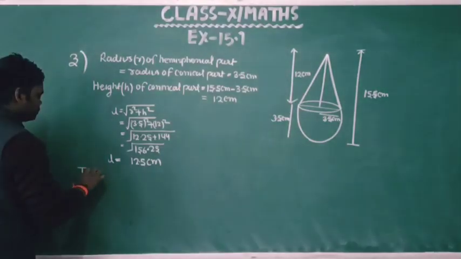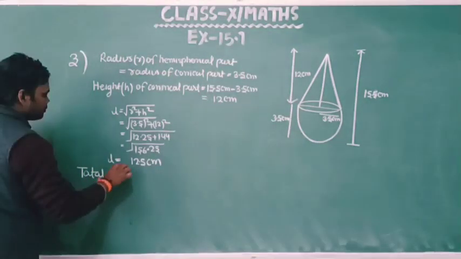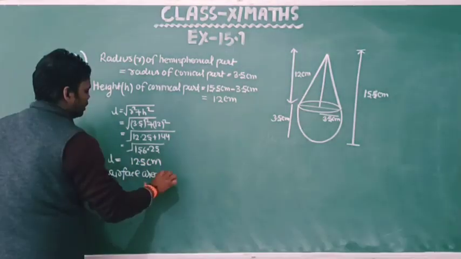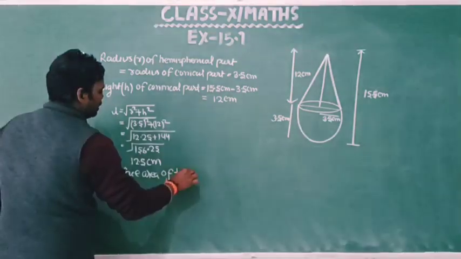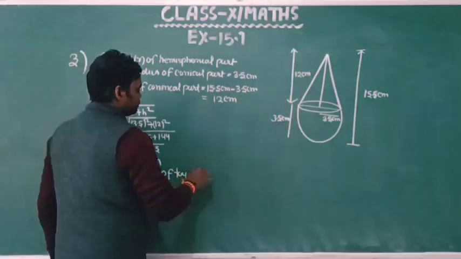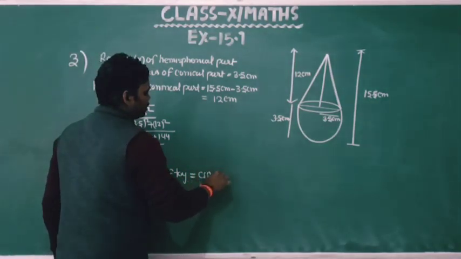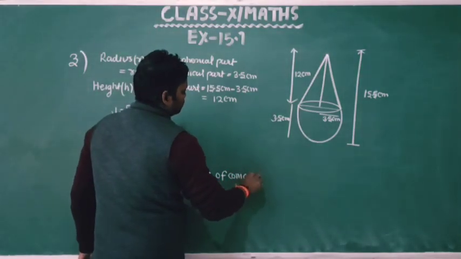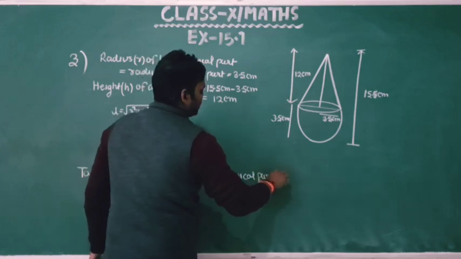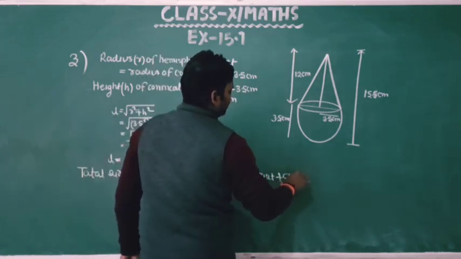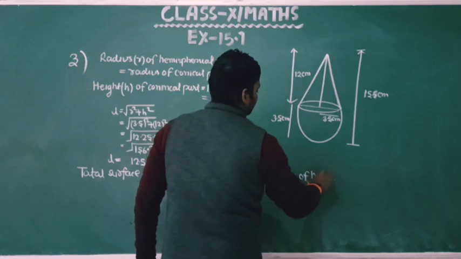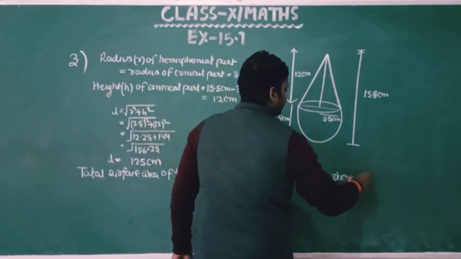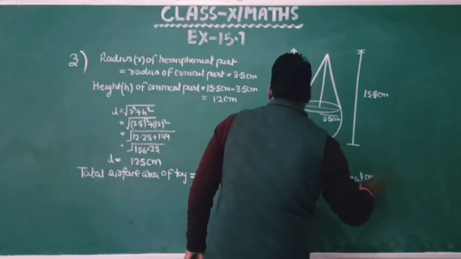equals the CSA of the conical part plus the CSA of the hemispherical part.